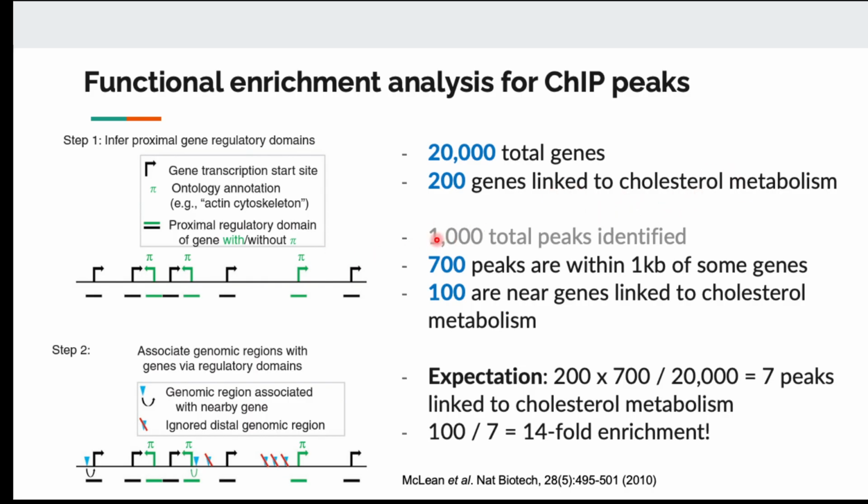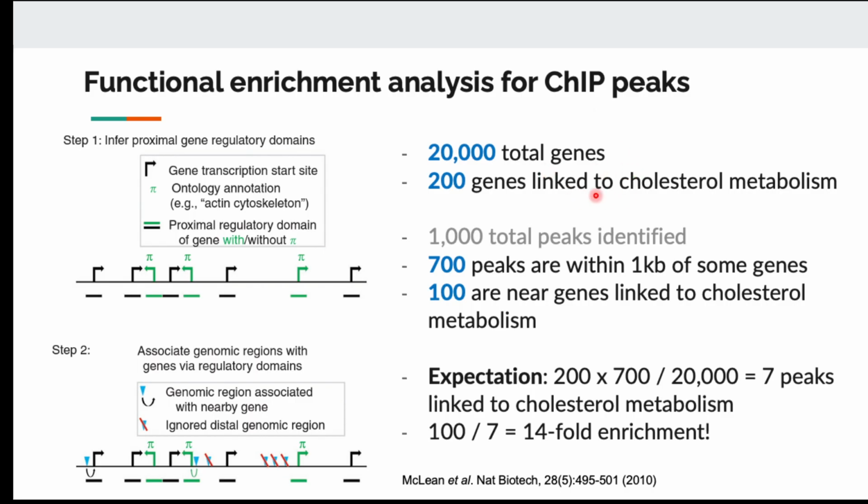And you have, let's say, 1,000 ChIP-seq peaks. 700 of them are located within a kilobase of some gene. I'm going to ignore 300 peaks that are very far from every gene because we cannot interpret them. We're going to focus on the peaks that are located near some gene. And out of 700, let's say 100 of them are near genes linked to cholesterol metabolism.